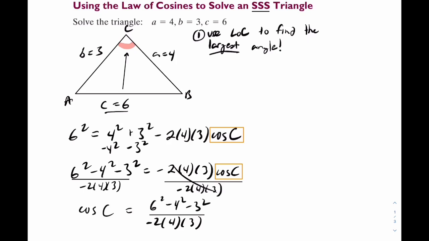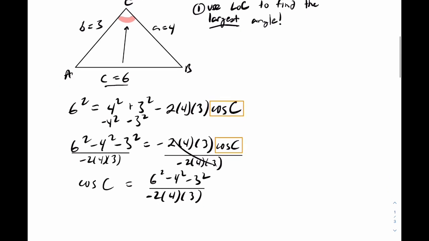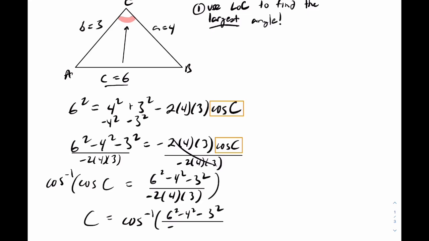And remember, to get rid of the cosine, we're going to use arc cosine, or cosine inverse. So you cosine inverse all of this. So in your calculator, this is what you're going to type. Cosine inverse, and type in this exact expression: 6 squared minus 4 squared minus 3 squared, divided by negative 2 times 4 times 3.